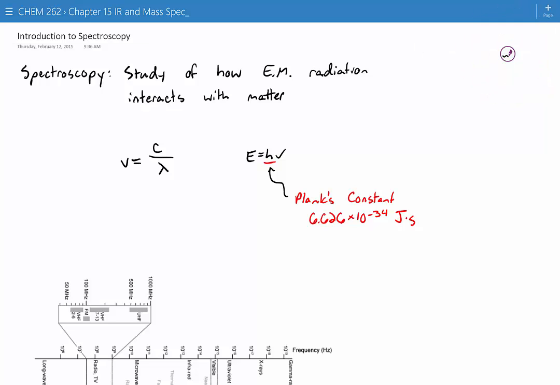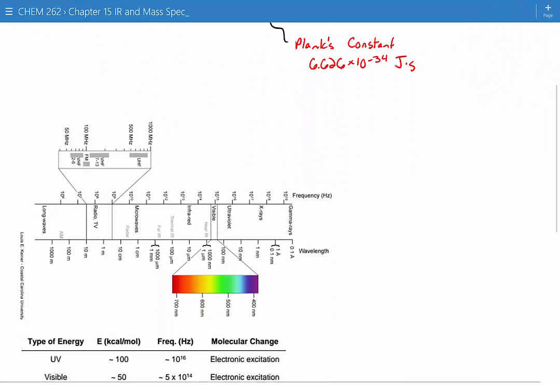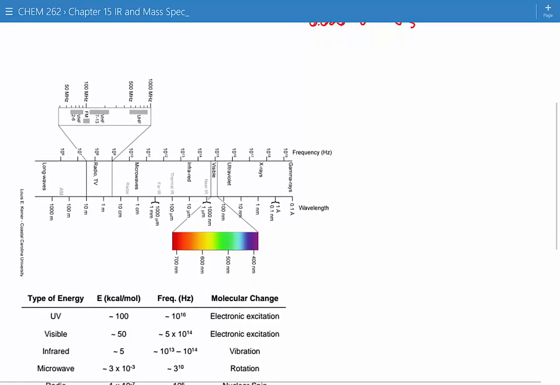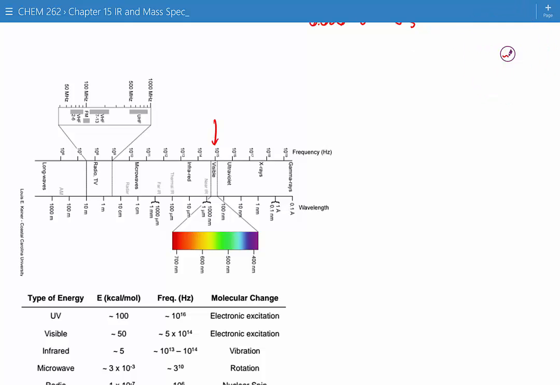So if we look at the electromagnetic spectrum here, we've got a bunch of different types of electromagnetic radiation that can be observed. What we typically see, we normally are looking directly at the visible wavelength. These are waves between 400 and 700 nanometers typically.